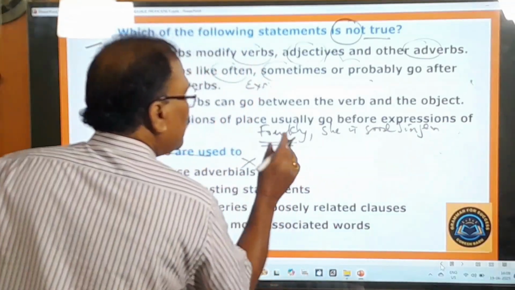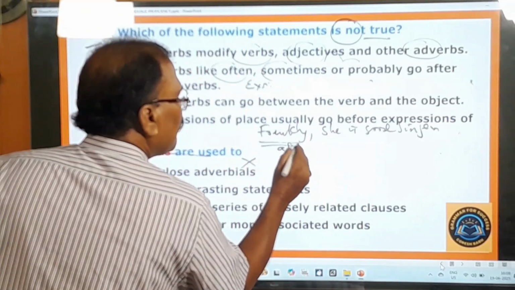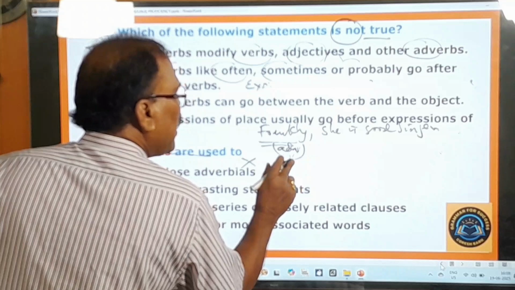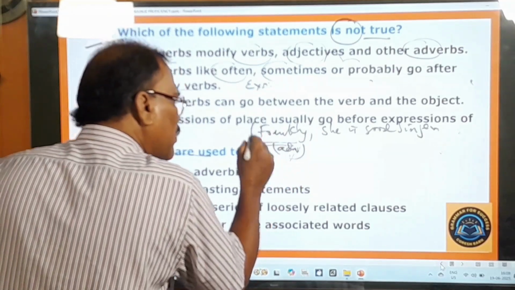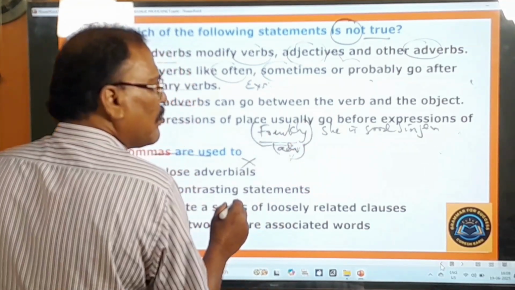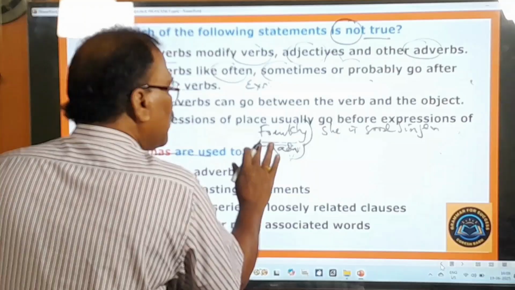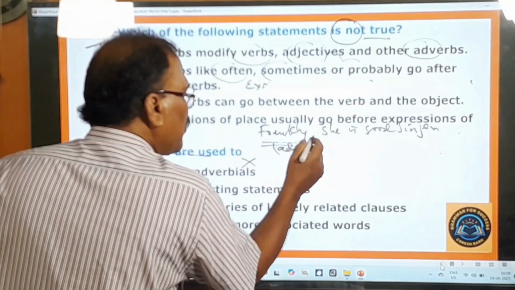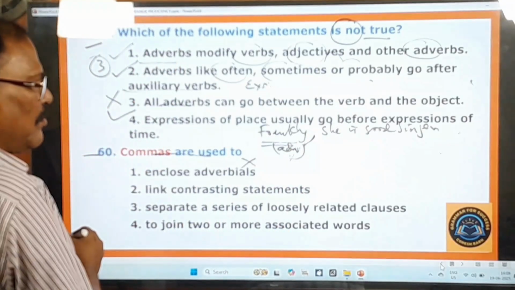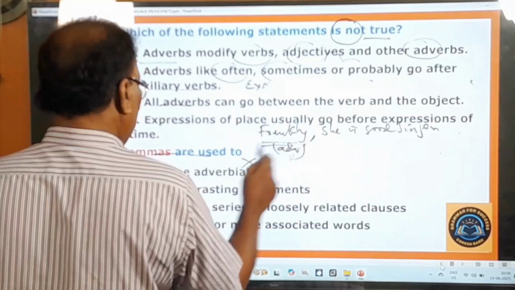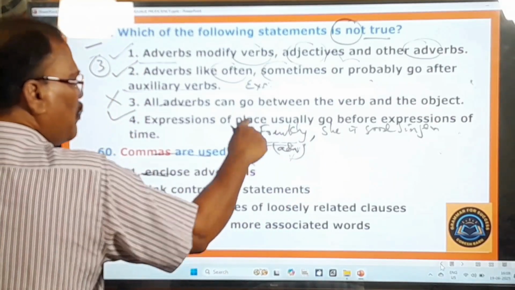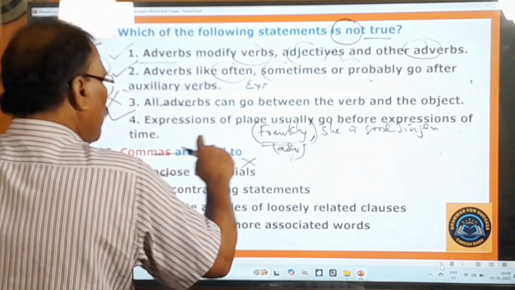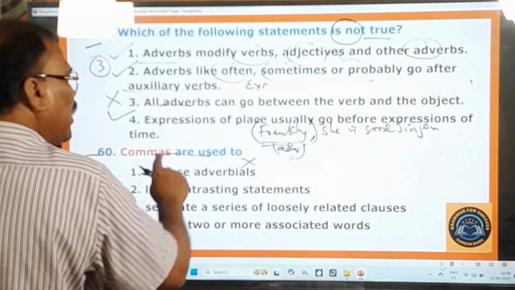So here this frankly is an adverb. Is it enclosed? Enclosed means like that. So here this adverb is not enclosed. It is only separated by a comma, but it is not enclosed. Enclosed means closed. So adverbials are not enclosed at all.